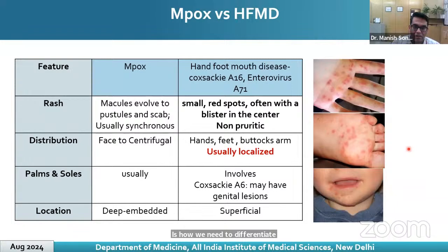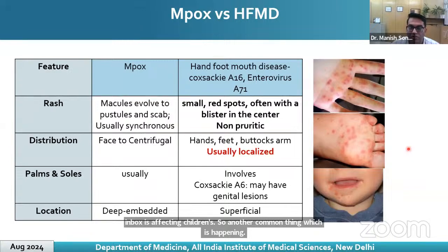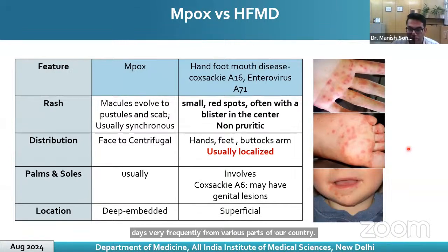Now Mpox is affecting children. Another common thing which is happening these days very frequently from various parts of our country is HFMD, in children again. So we need to identify these children early and differentiate between Mpox and HFMD.